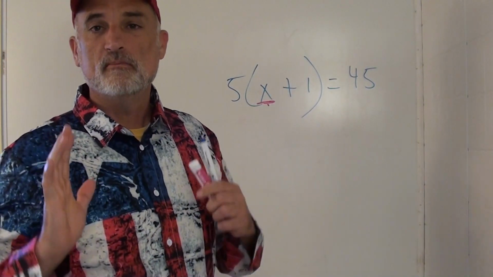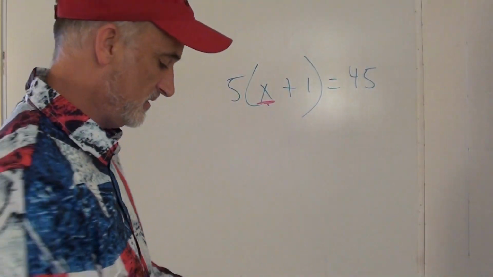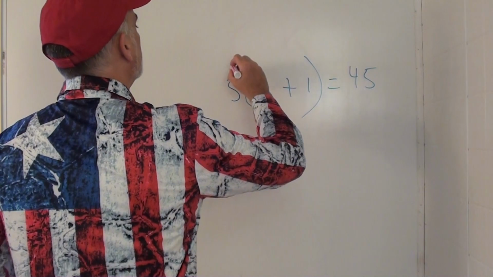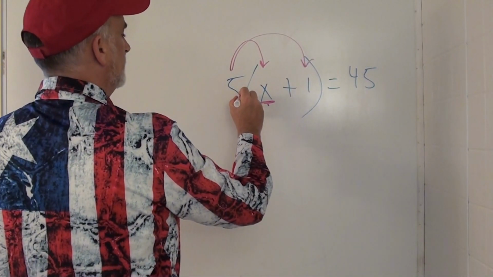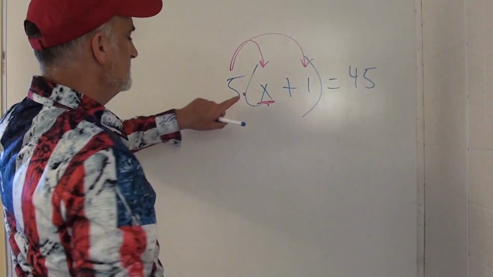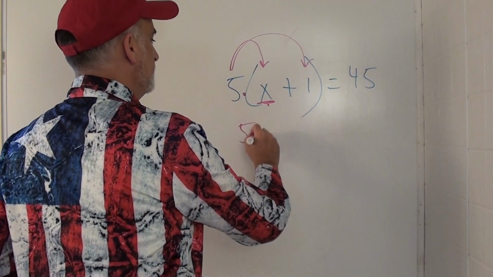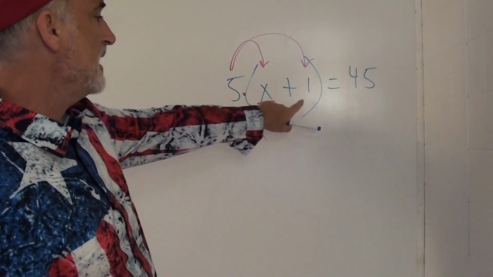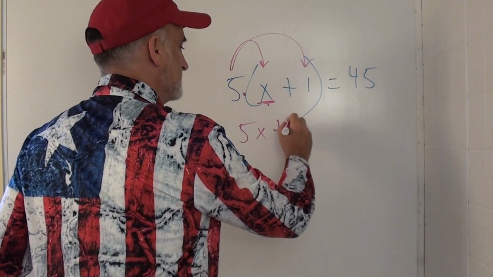So what do we do? Remember, distributive property. Okay? So take a look at this. Remember, this is an unseen multiplication. 5 times x gets me 5x. 5 times positive 1 gets me a positive 5.